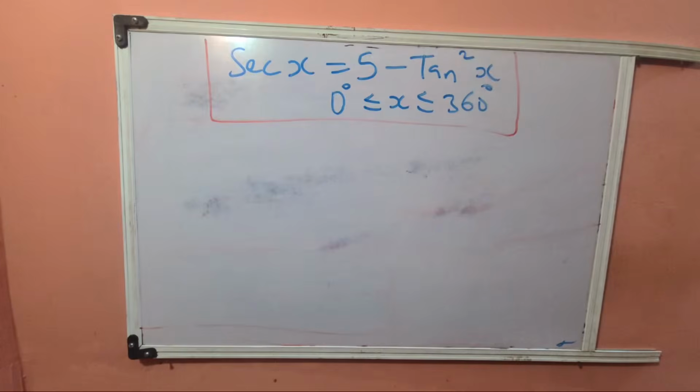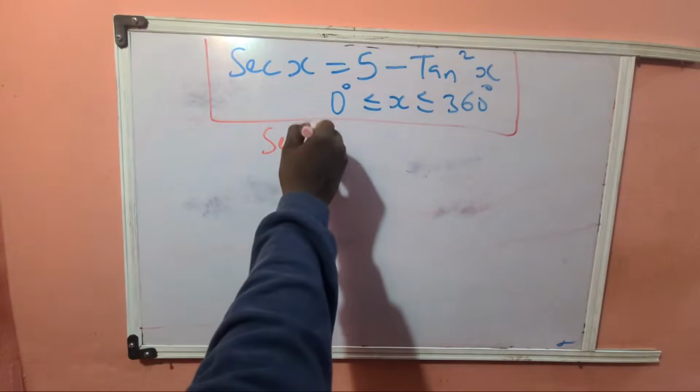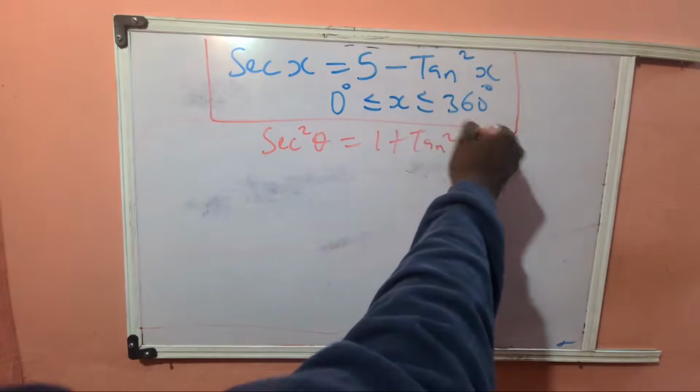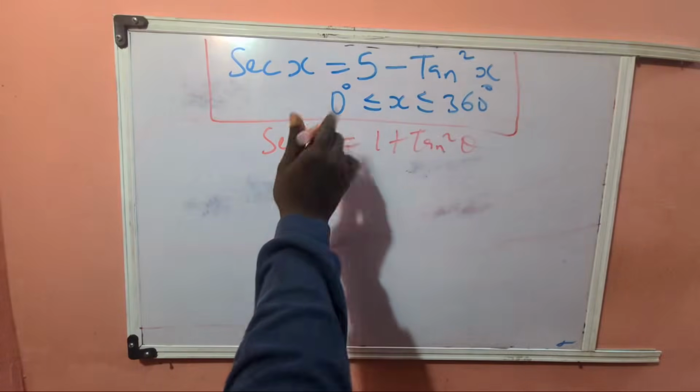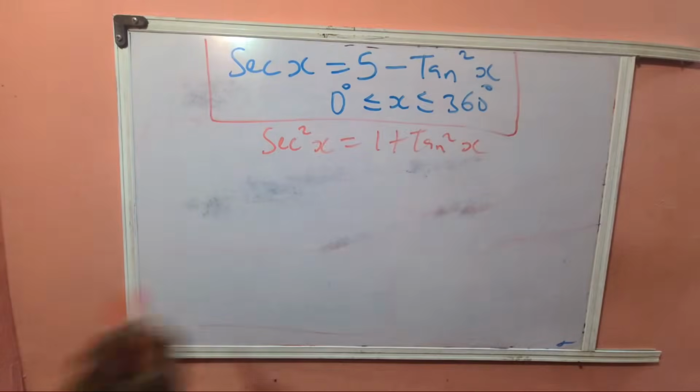Of course, I need to recollect from my identity that sec square theta is equal to 1 plus tan square theta. Or in this case, let me use sec square x so that you can understand better: sec square x is equal to 1 plus tan square x. All right.